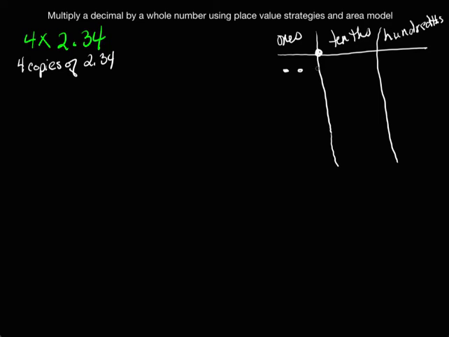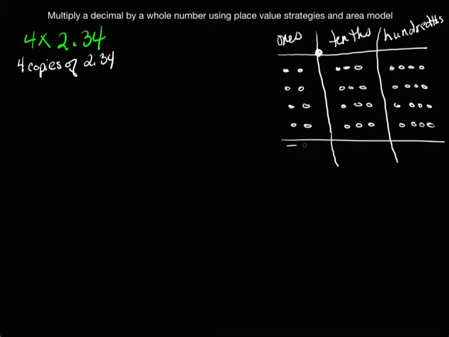We'll put it into our place value chart: 2, 3/10, 100, and we're going to repeat this number 4 times because we have 4 copies of 2 and 3/100. We've just represented 4 times 2 and 3/100 in our place value chart.